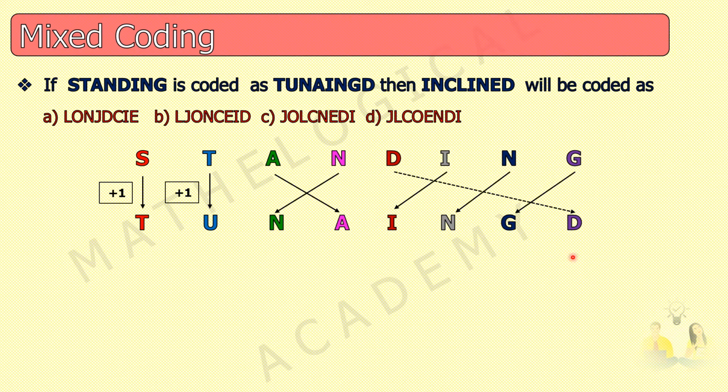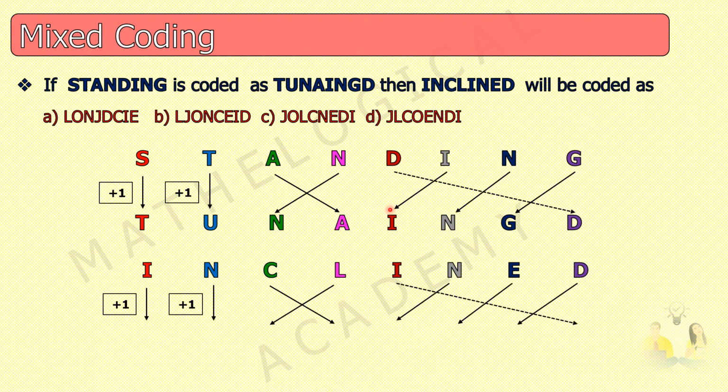I'm talking within these 4 letters. Now we'll make the code for inclined. After I comes J, after N comes O, then L and C will exchange their places, and finally I, N, E and D have to be rearranged. So let's see. Answer is JOLCNEDI.